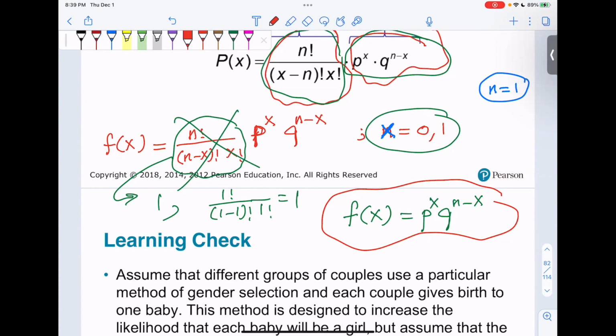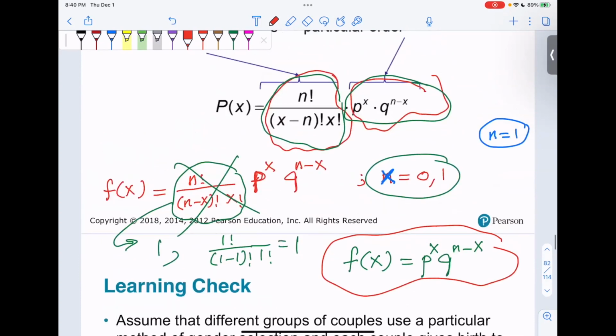If we repeat a Bernoulli experiment n independent times, we will get binomial distribution. I believe you'll see it in one of your homework problems. If you repeat this Bernoulli distribution n independent times, you will get this distribution.